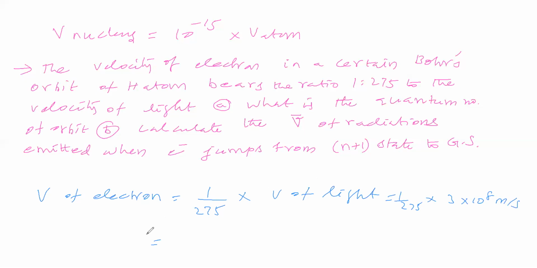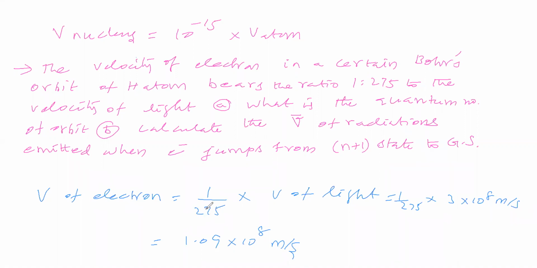We substitute and simplify, so we get the velocity of electron in meter per second.